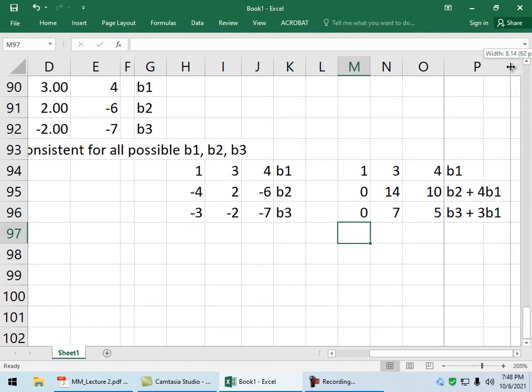So this is the first equivalent transformation, and in the second we use this pivot element to produce zeros over here.